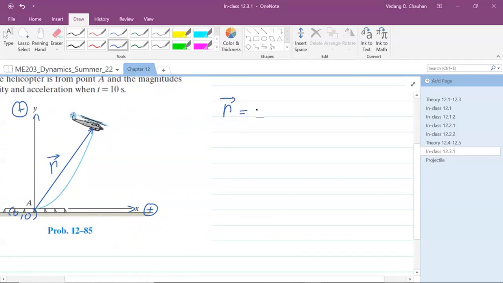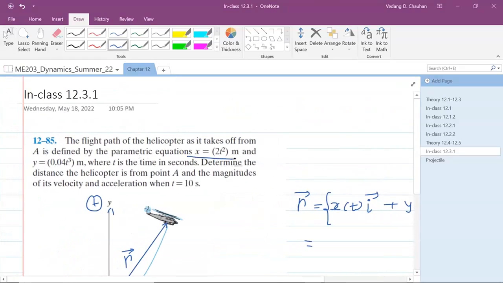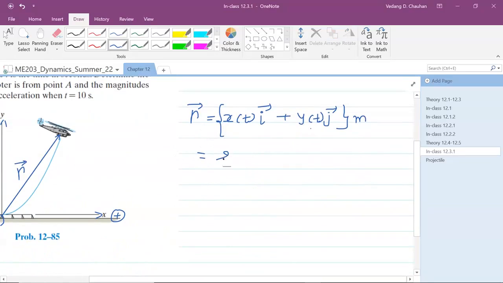So let's write down the equation for the position vector r for the helicopter. r is equal to x(t) i, where i is the unit vector, plus y(t) j, where j is the unit vector along the y direction, and its distance is measured in meters. Now both x and y coordinates change as per these equations, 2t squared and 0.04t cubed, so it's time to substitute them here. So r is 2t squared i plus 0.04t cubed j, in meters.